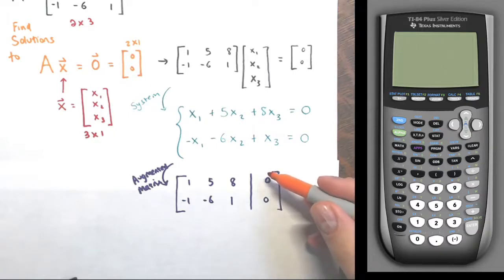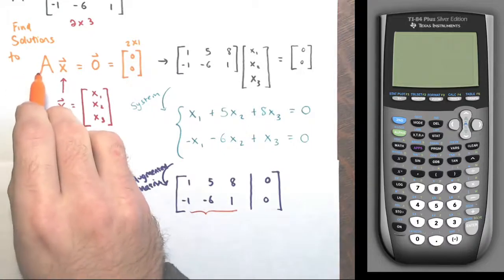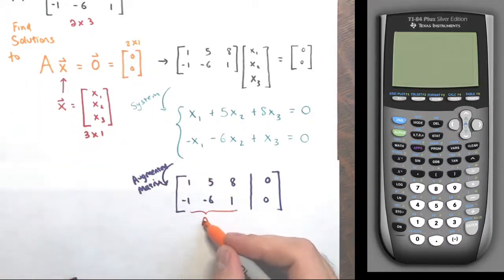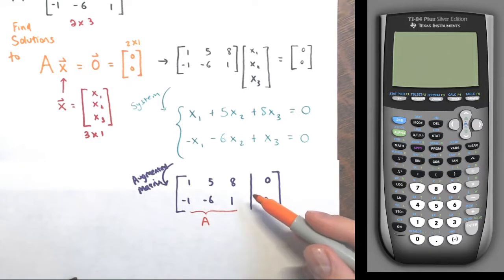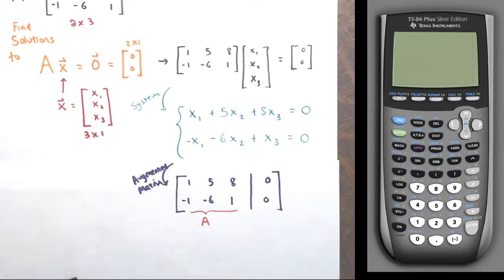So in future examples, I'm just not going to write this and write the coefficient matrix. Now look at the coefficient matrix. The coefficient matrix is simply matrix A. So I'll just recopy matrix A down, and really all I'm going to focus on is putting matrix A into reduced echelon form in future examples.